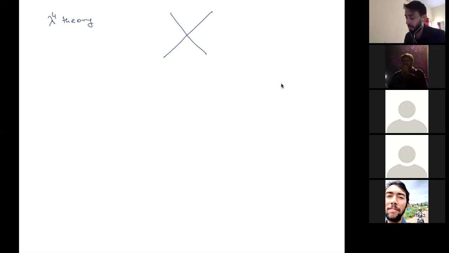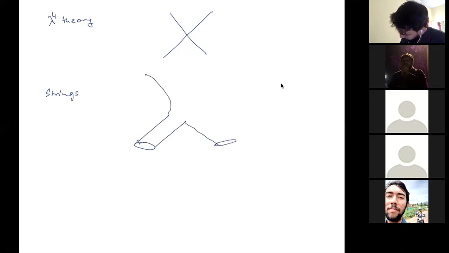Suppose you have a similar thing for strings. What would you have? You would have one string going in, something happening here, then another string going in, and something else going out. So this is going to be something like this. I've just fattened this whole graph out.